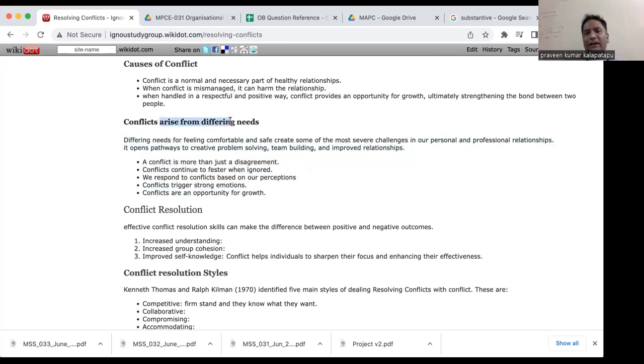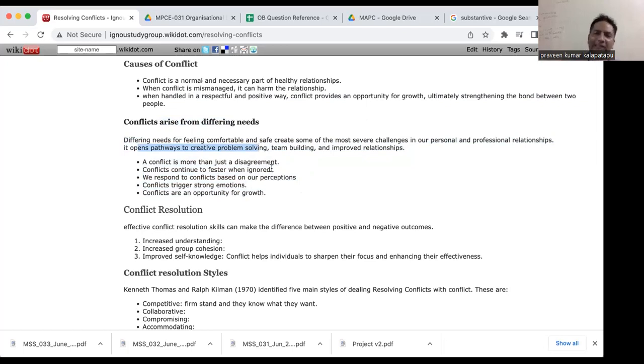When we say that conflict arises from differing needs, everybody has needs, and if the needs are differing in nature, that is where comfort, safety and other aspects are going to be challenged, right? So it opens pathways to creative problem solving, team building, and improved relationships.